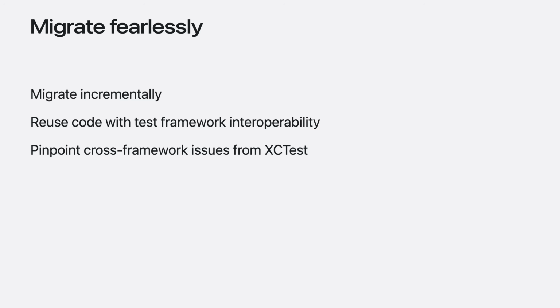In the process, you'll turn up cross-framework issues from XCTest. Interoperability allows you to replace XCTest API with Swift Testing API to address these. And Xcode 27 enables interoperability by default. Make sure you handle all future cross-framework issues by upgrading to the complete or strict mode.